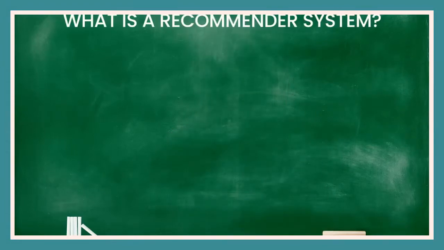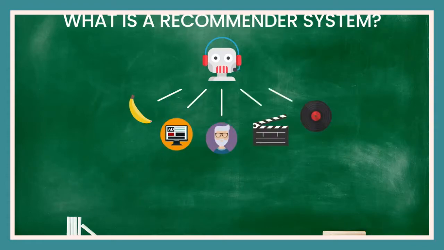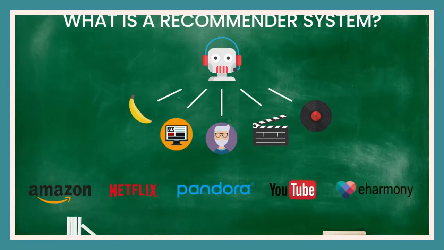So what really is a recommender system? A recommender system is really an automated system to filter some entities. These entities can be any products, ads, people, movies, or songs. And we see this all over on a daily basis, from Amazon to Netflix to Pandora to YouTube to eHarmony.